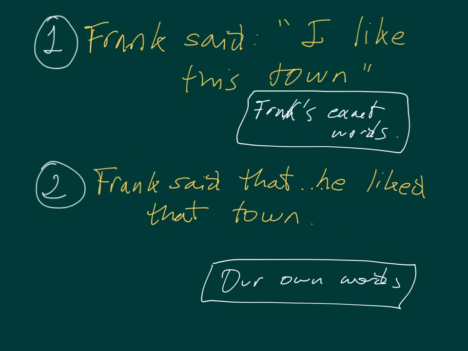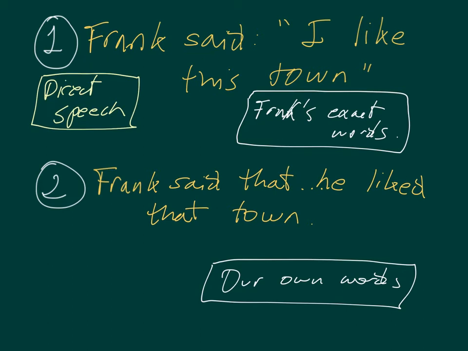These are two very different ways of saying the same thing. In number one, we have what we call direct speech. Why direct speech? Because we say directly what Frank said.